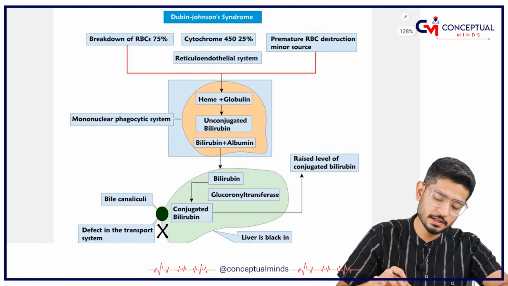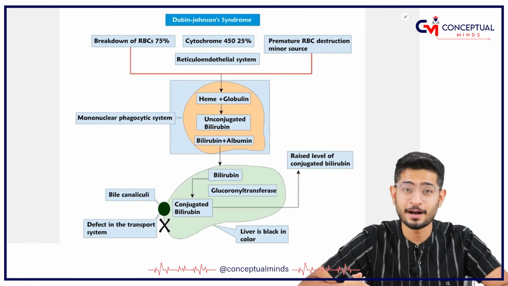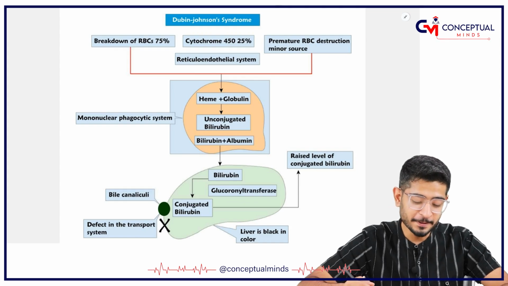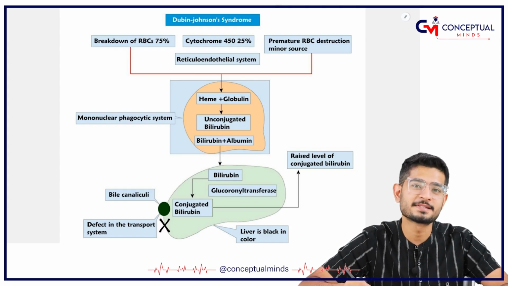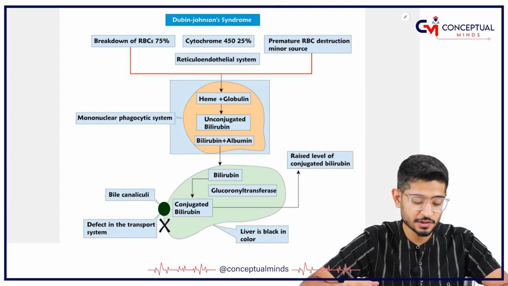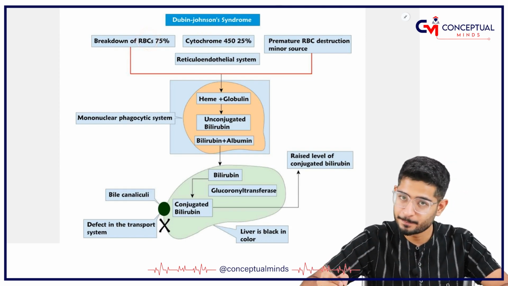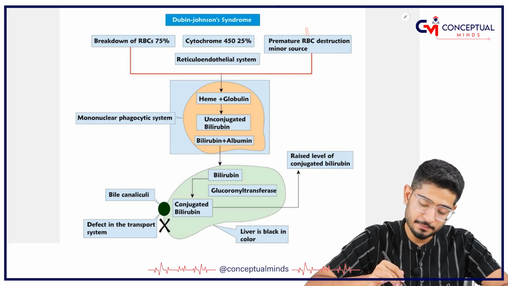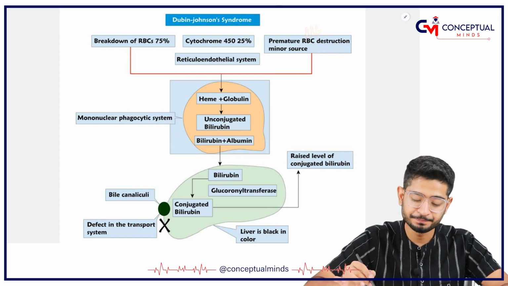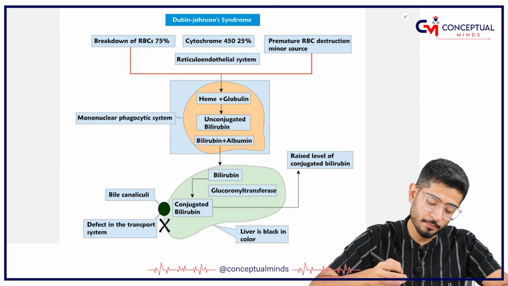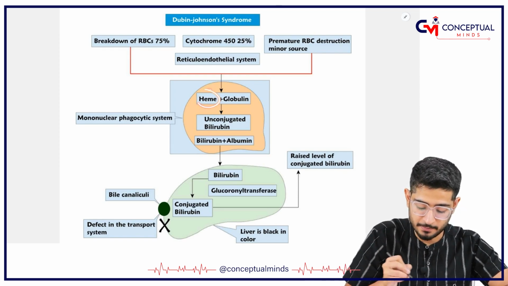In order to understand Dubin-Johnson, you have to understand a little bit about the metabolism of bilirubin. First of all, there is breakdown of RBCs, and then there is some premature RBC destruction. Both of them lead to the formation of heme.